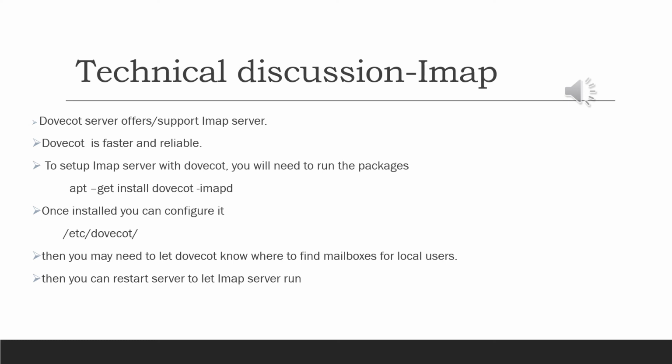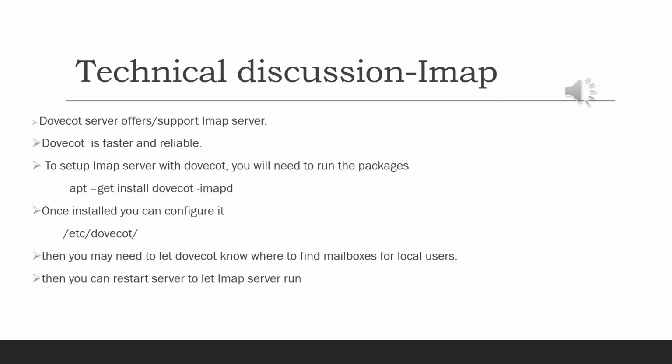Next in this slide, I'll go through the technical aspect of IMAP. IMAP is supported by the Dovecot server, which is one of the fastest and most reliable servers, and it gives support to IMAP. To set up an IMAP server with Dovecot, you'll need to install the packages.